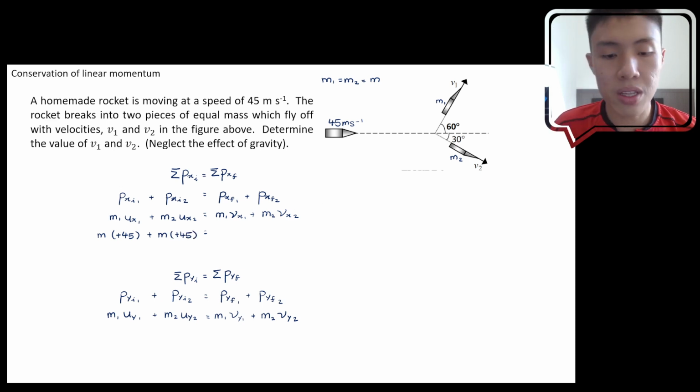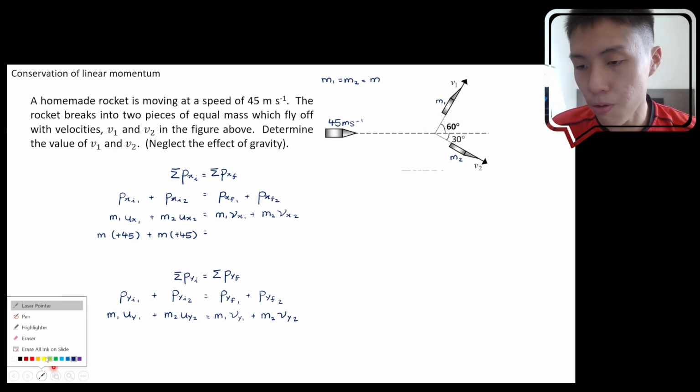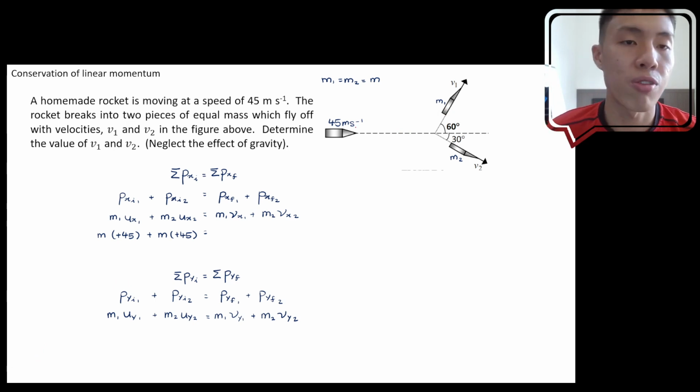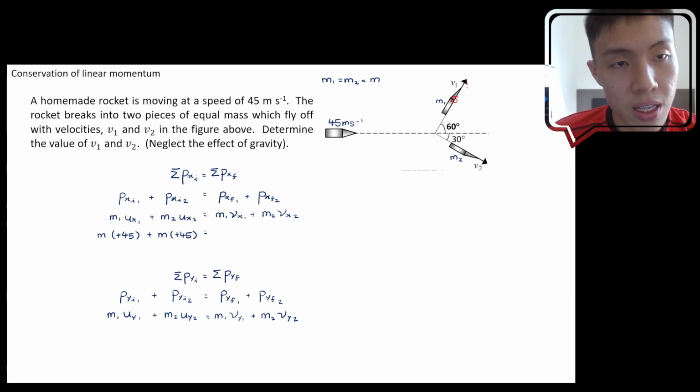Now when we are dealing with the final, we know that they are not moving along the x-axis or the y-axis. Because of this, it is more appropriate for us to resolve first before we do any substitution. So if we resolve this, then we can break this into one component over here, the x component, and our y component here.